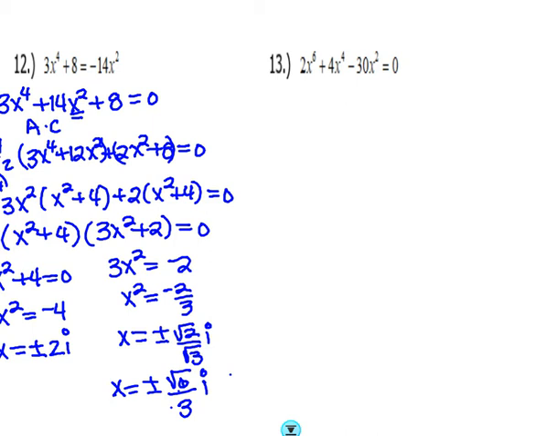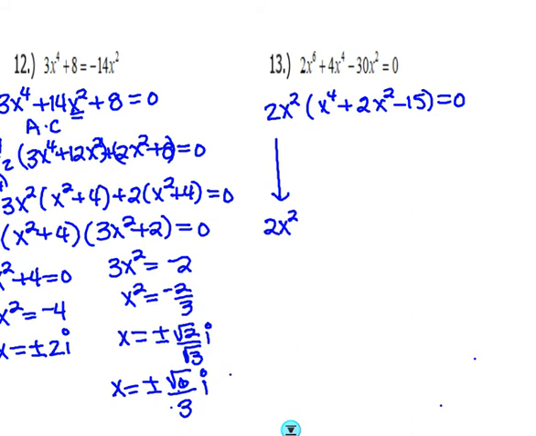All right, look at number 13. It's a trinomial, but I see I have a GCF of 2x squared. Let's pull that out first. I get x to the 4th plus 2x squared minus 15. All right, so that's going to be part of my factor, so I'm just going to bring that down. All right, let's factor what's left. That's a trinomial, so A times C method.